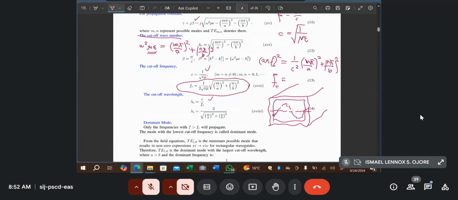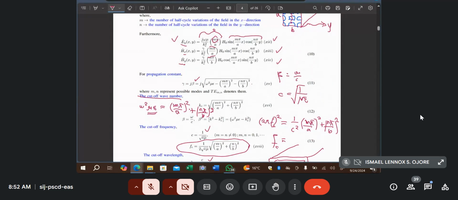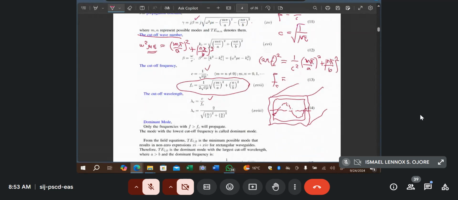Now you see, depending on the mode, where we are saying TE_MN, it means we can use this function here to produce different cutoff frequencies for different modes, isn't it? Because it's dependent on M and N. So we want to compute fc, the cutoff frequency, such that we look at which one has the lowest cutoff frequency among different modes.